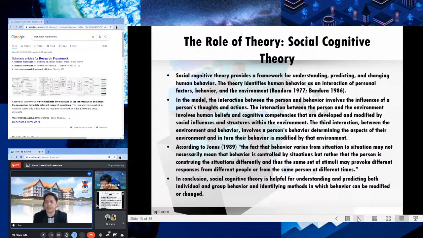In the model, the interaction between person and behavior involves the influence of personal thought and action. So this is about the social and the cognitive of the human. Social cognitive theory is helpful to understand and predict both individual and group behavior, identify the methods of behavior, and modify the behavior, either individual or group.